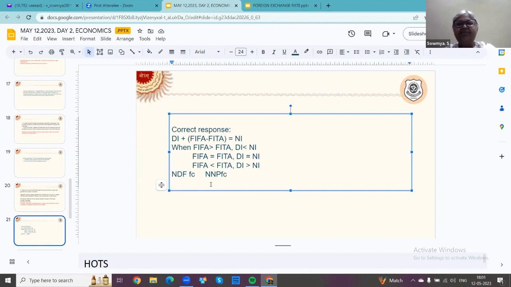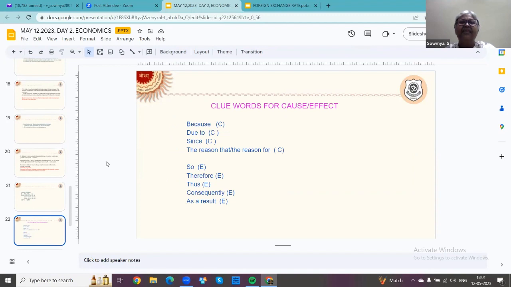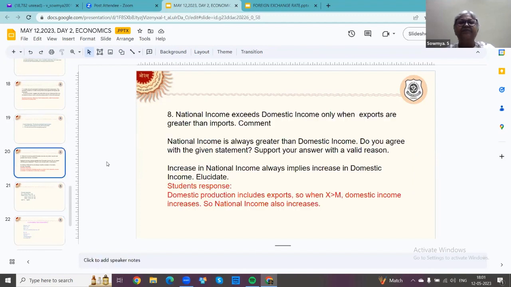Whether it's NDP or NNP, domestic income is the income made within the domestic territory, by the normal residents and the rest of the world.